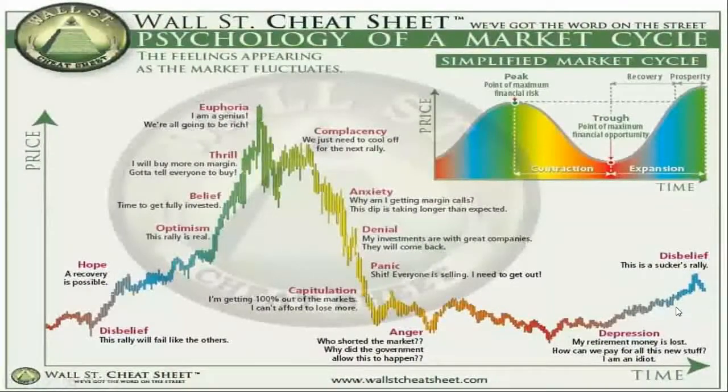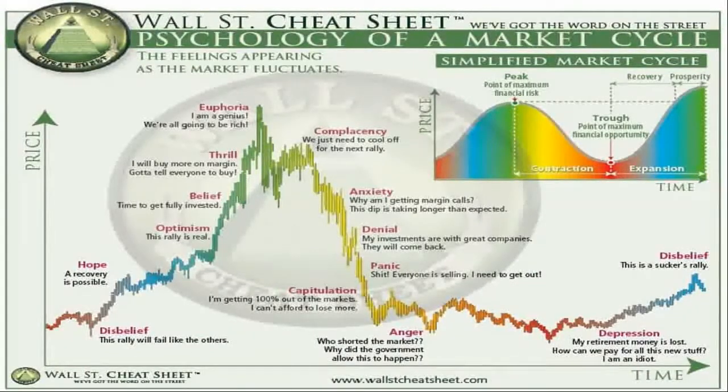So what's it all about? Where are we? Are we in the stage of disbelief? I think we've gone beyond disbelief. I think we can look at the areas between optimism and euphoria. Between optimism and belief, the optimism is that after years of painful waiting for the cryptocurrency market to rally, all of a sudden it starts to move in the right direction.